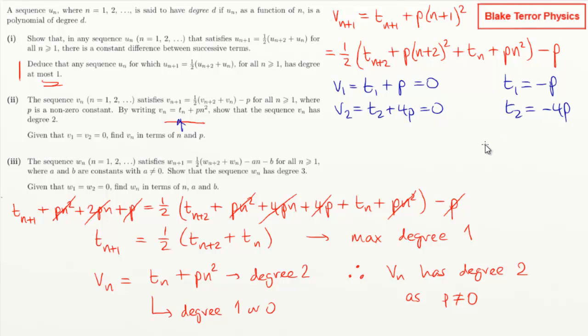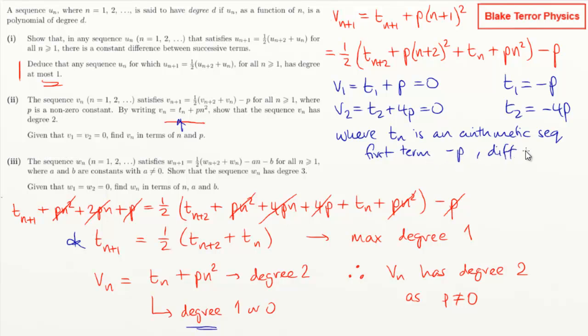I also know that tn is an arithmetic sequence, because this is what we just found out down here, isn't it? It's this thing. So an arithmetic sequence. So we've got first term is minus p, difference is minus 3p.